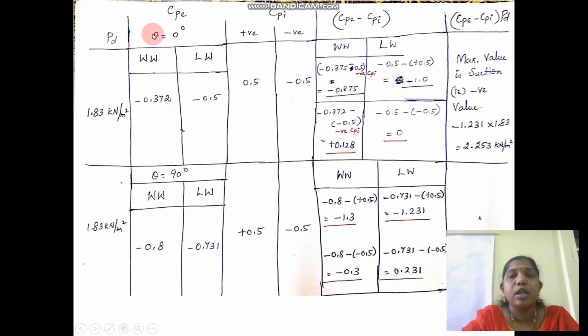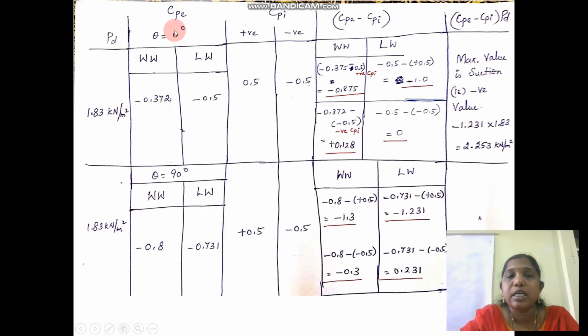Now, since our formula tells that it is CPE minus CPI into area into design wind pressure, in this table you are going to calculate, except area, the CPE minus CPI into design wind pressure. You know your PD, the design wind pressure, that is 1.83 kilonewton per meter square.